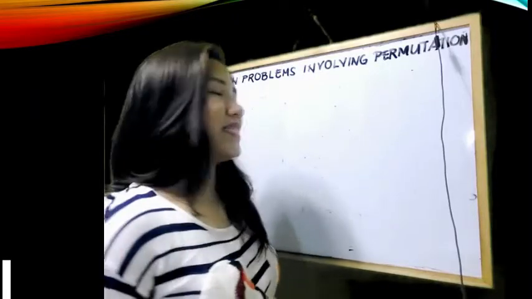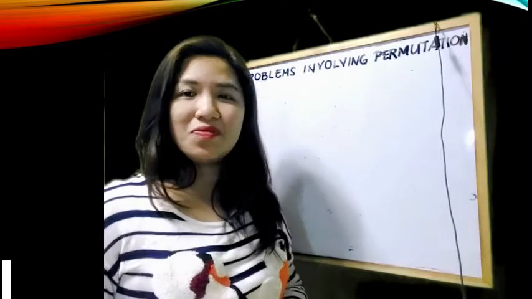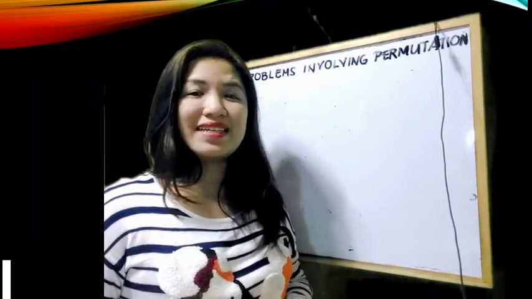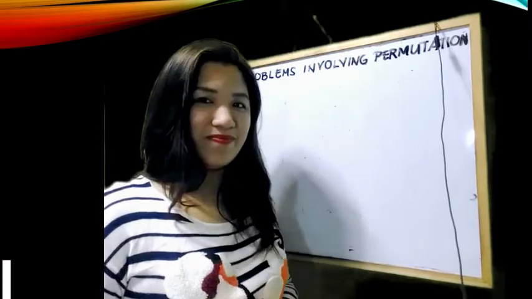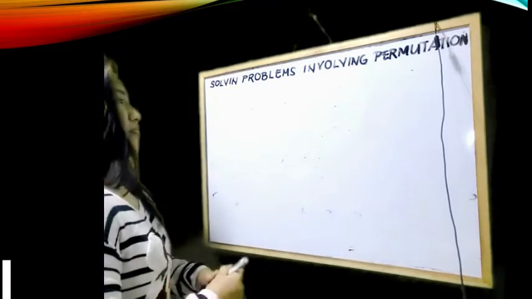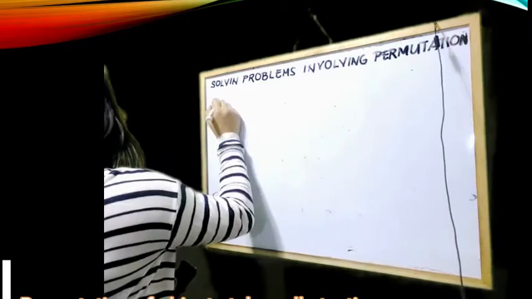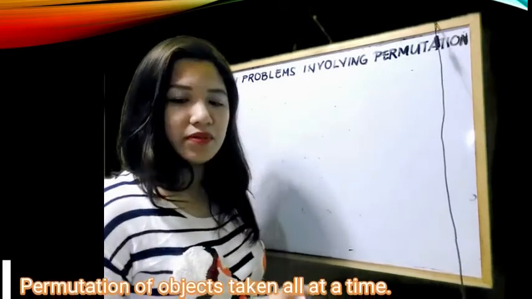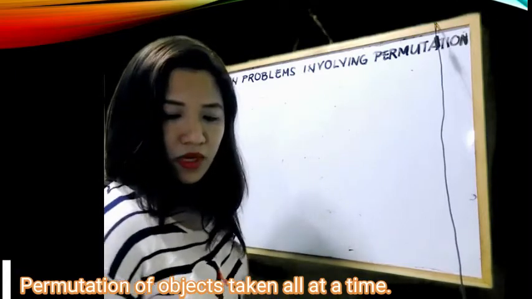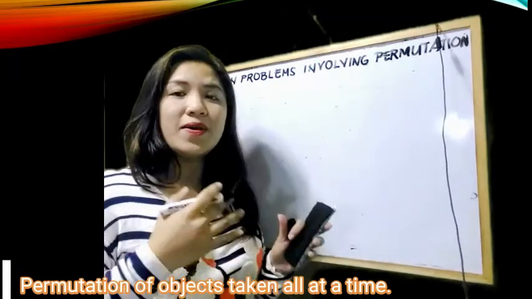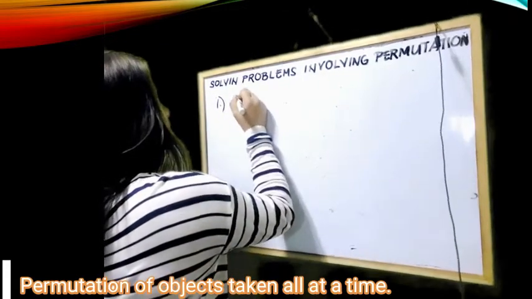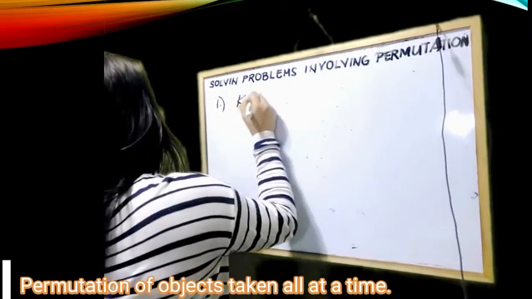Now let's start with the first formula of permutation: permutation of objects taken all at a time. Let's say, for example, in our problem, in how many ways can you arrange the letters from the word KIND?